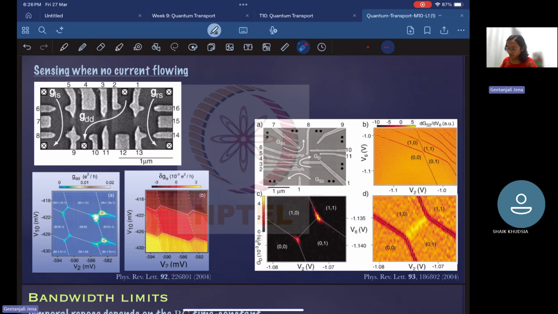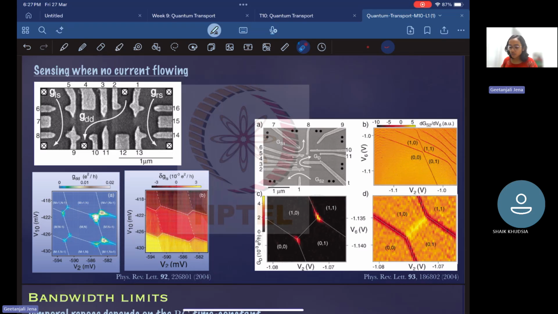But if you look at the charge stability diagram through this quantum point contact, you can see that in addition to the charge triple points, we see how the signal behaves around these lines, the charge degeneracy lines.